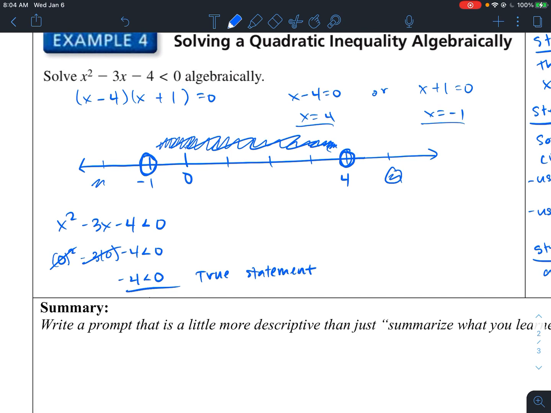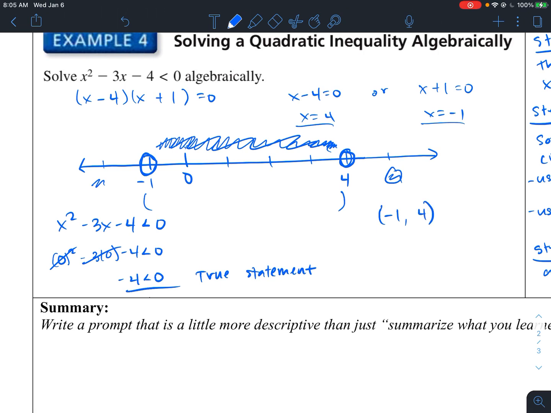So basically, algebraically, we know that the x values for which this is correct are between negative 1 and 4. So we could write this as an interval or an inequality. So the x values will exist between negative 1 and positive 4.